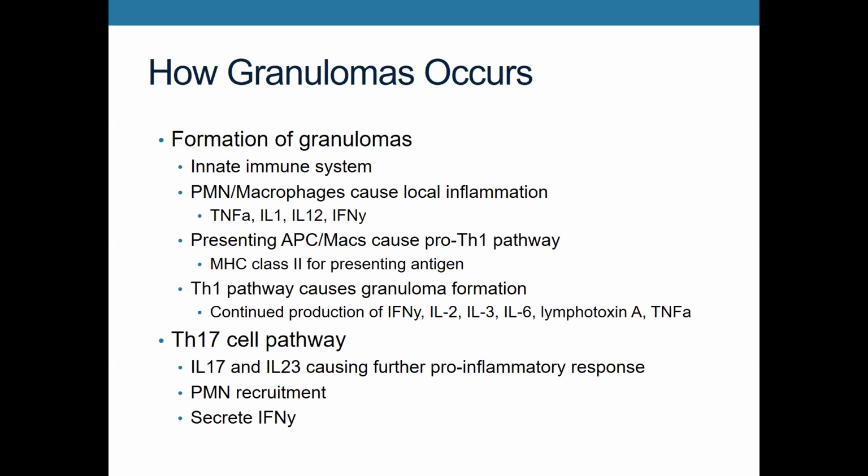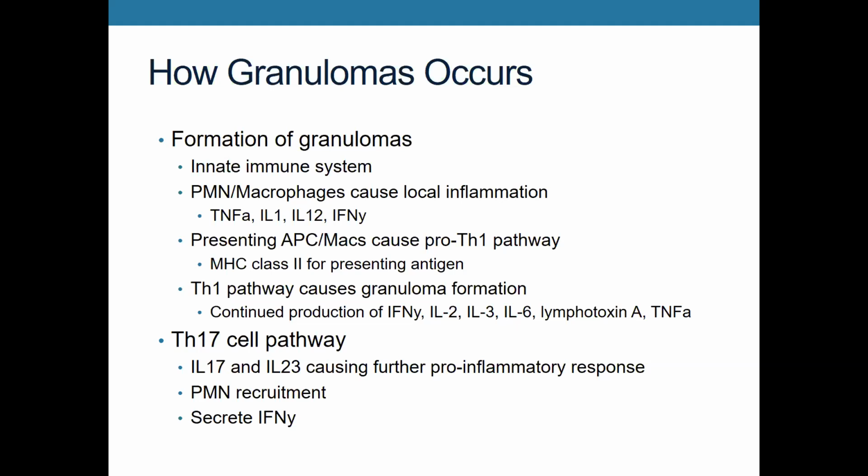What we usually see at the beginning of the inflammation is TNF alpha, IL-1, IL-12, IFN gamma, as well as other inflammatory cytokines, bringing PMNs and macrophages, as well as other lymphocytes. And then these cause activation of the macrophages and T cells to further inflammation in this area.